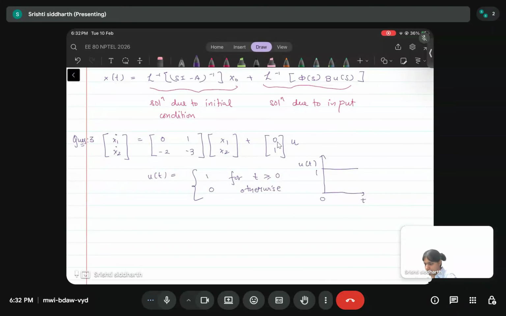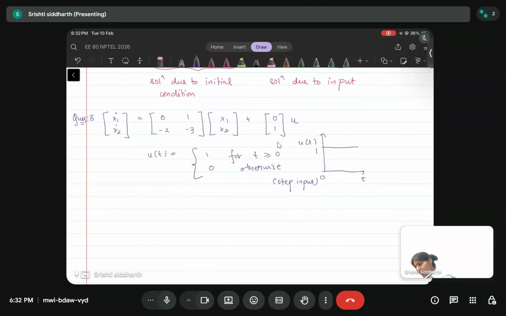This is a step input. Okay. So look at this matrix. We have already calculated the state transition matrix for this, so e to the power At, which is the Laplace inverse of, is given to us.